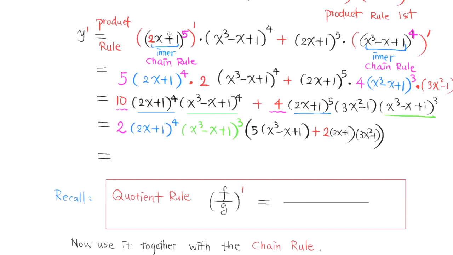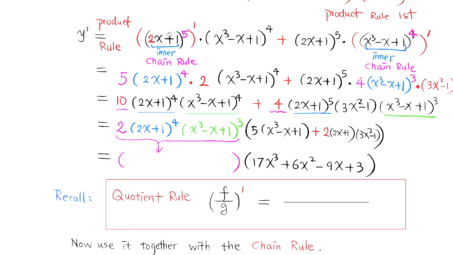So now we can just simplify this. How do you simplify this? You multiply and distribute. Over here, you will FOIL this out, multiply them out, and combine like terms. This part over here, just copy over. And this part over here, if you simplify it, becomes 17x cubed plus 6x squared minus 9x plus 3.